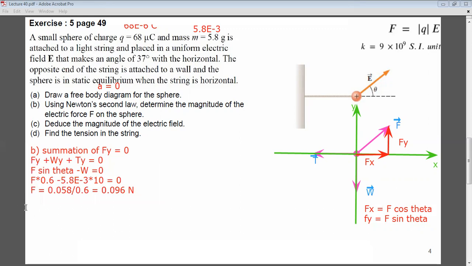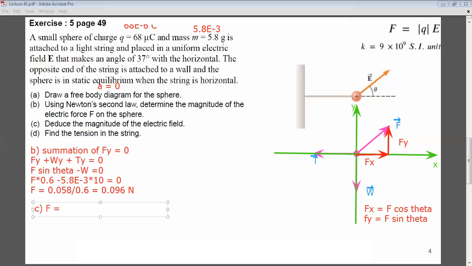Okay. Now, part C, deduce the magnitude of the electric field. So here you have to deduce it from part B. I have to remember that the electric field and F are related by F equals QE.